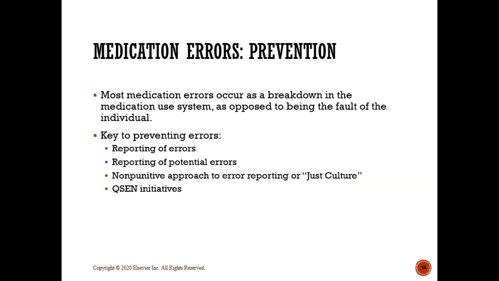The key to preventing errors is making sure that those errors are reported. Now I know it's kind of scary, because a lot of nurses are going to be scared to tell somebody they made a mistake, right? There's a lot of hesitance to that, but it's very important to report those errors so we can figure out what went wrong. How are we going to do our investigation when we don't even know that the error happened?